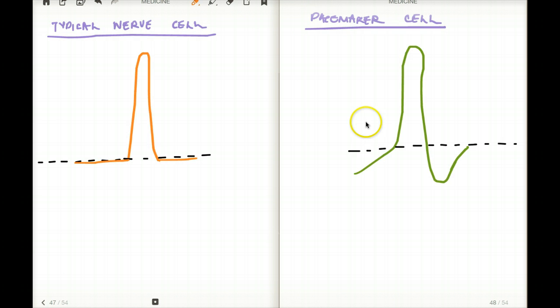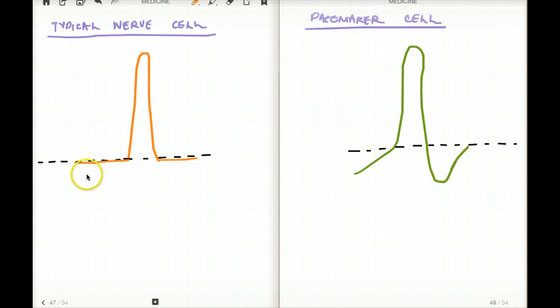Here I have two pictures of action potential of two different types of cells. On the left side we have a typical nerve cell, and on the right side we have pacemaker cells. They are a little different in terms of how they achieve an action potential. Whenever an impulse comes at a typical nerve cell, it has to reach threshold, and then we get an action potential.